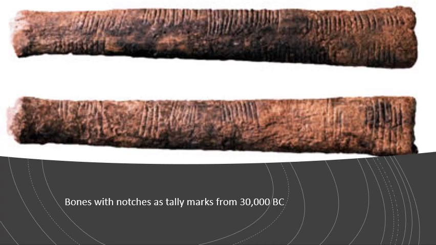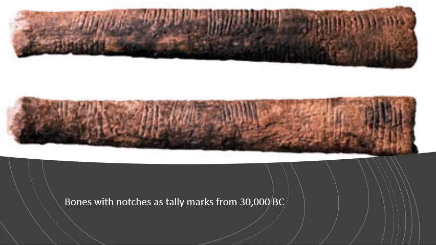Some theorize that this was used to count records of their hunts, so how many animals they have hunted. However, because there are groupings of numbers here, there were certain patterns that were found. Some would also theorize that this is actually to keep track of the passage of time, the number of days.